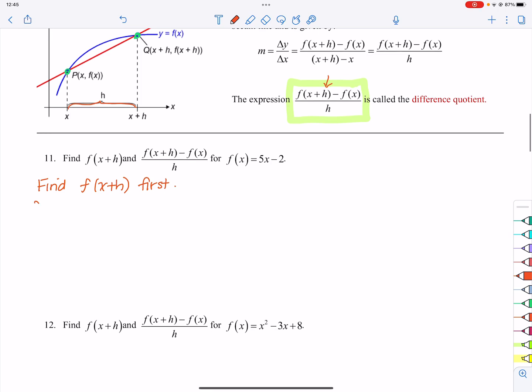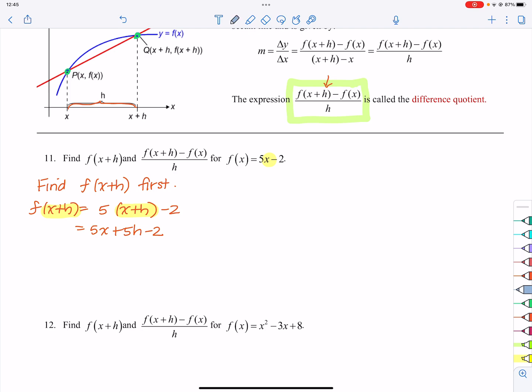Okay, so f of x plus h is equal to 5 times x plus h minus 2. As you can see, our x is x plus h. And that's equal to 5x plus 5h minus 2.